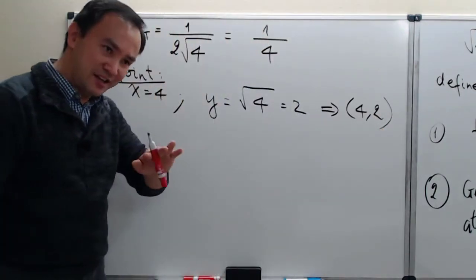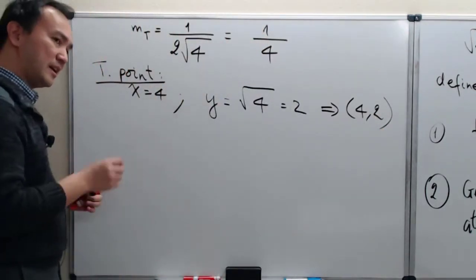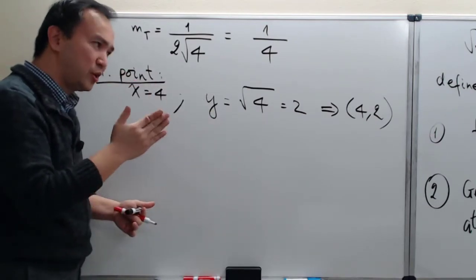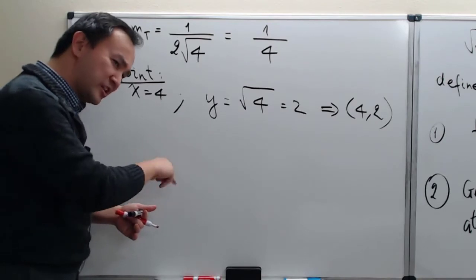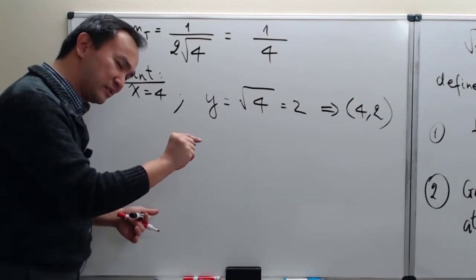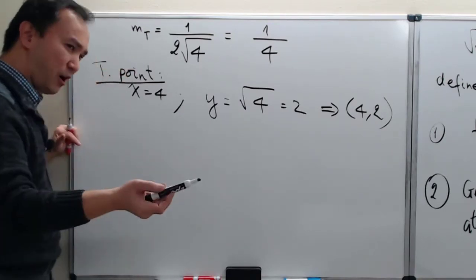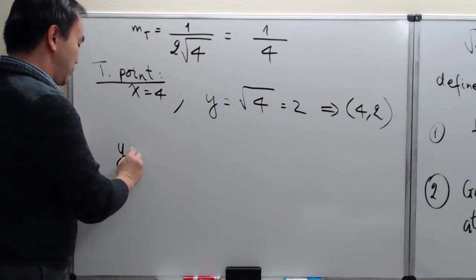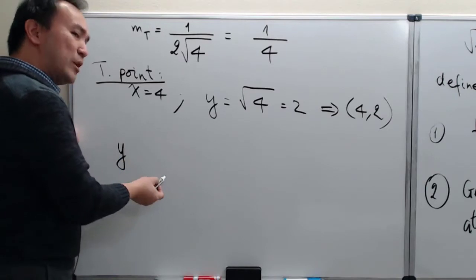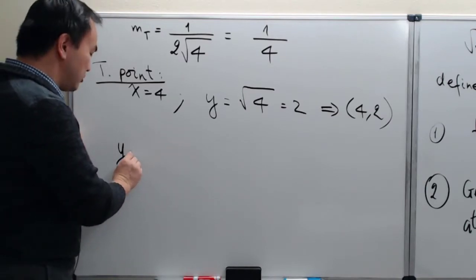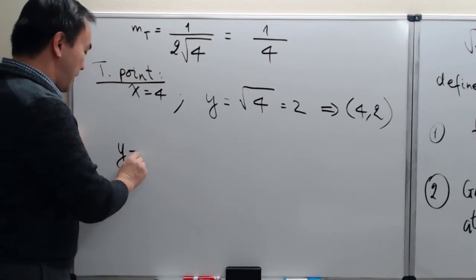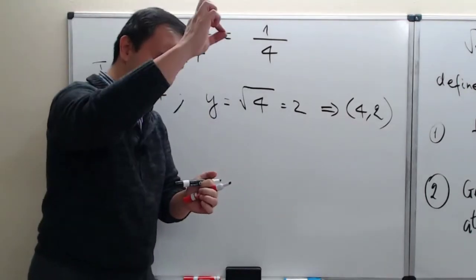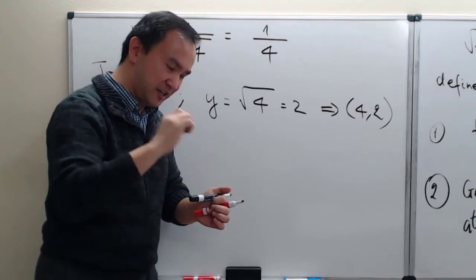But now, having the tangent point, and again, ultimately, as the big step, I'm trying to get the equation of the tangent line at that easy value, the x equals 4 value. I'm on my way getting there, very close now. So your tangent line equation, starting out with the point-slope equation: y minus 2, the y value of your tangent point, because the tangent point stays on the tangent line and stays on the curve.